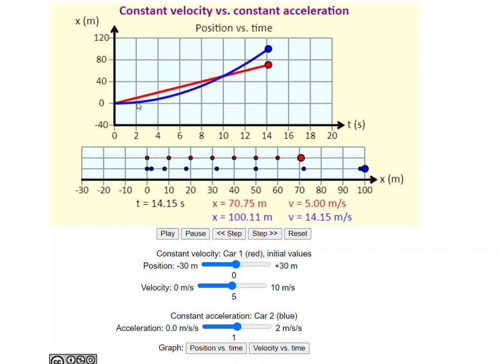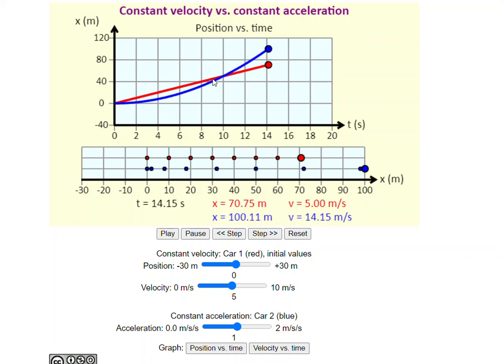At 2 seconds, it has a slope of 2 meters per second. At 3 seconds, 3 meters per second. At 4 seconds, 4 meters per second. All the way up here, at 10 seconds, it has a slope of 10 meters per second, and at 14 seconds, a slope at that instant of 14 meters per second.